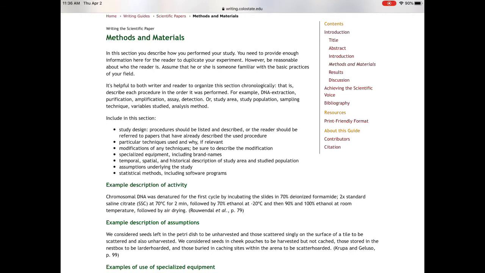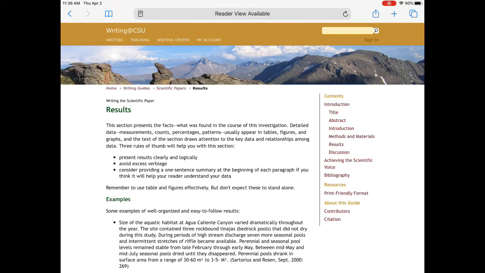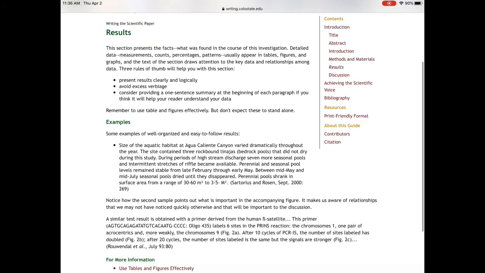The next section that I go to is going to be the results section, because this is exactly what happened. This could be a fairly short section, actually, maybe a paragraph or two, maybe some pictures and a paragraph. You want to exactly write out what happened.